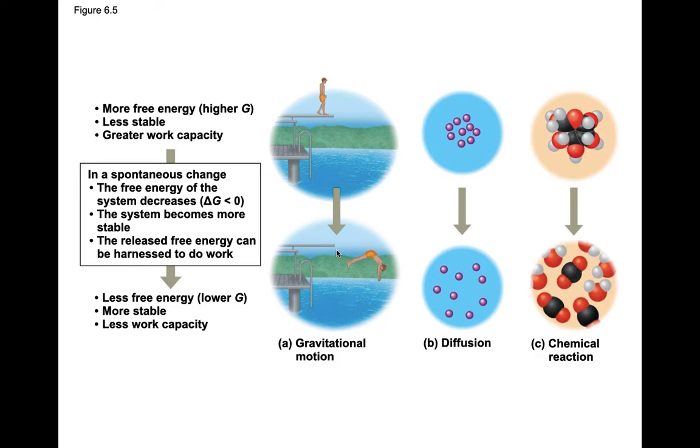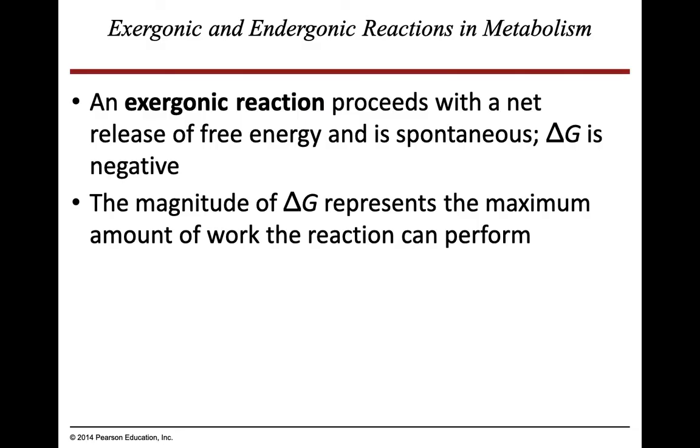So in all of these examples where we have higher stored energy at the beginning and lower energy at the end, we'll have a negative delta G, change in free energy, because the system has released most of its energy. It's become more stable, but it's also become more random.